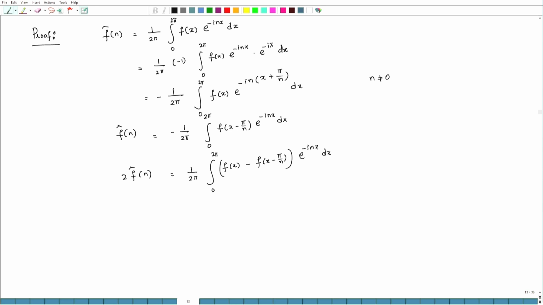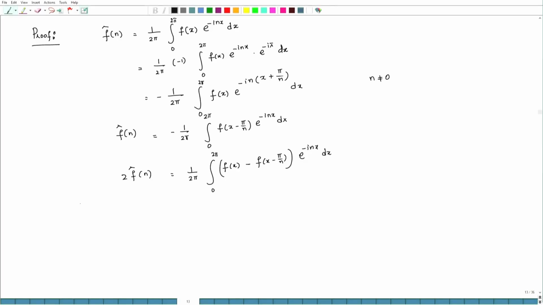Now, for n large, x minus 1 by n converges to x. Now, if f is continuous, then f of x minus 1 by n will converge to f of x. So, now if it is a continuous function, it is uniformly continuous because of the compact interval 0 to 2 pi.